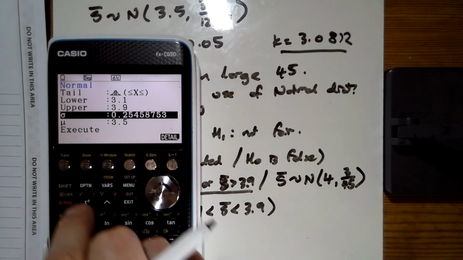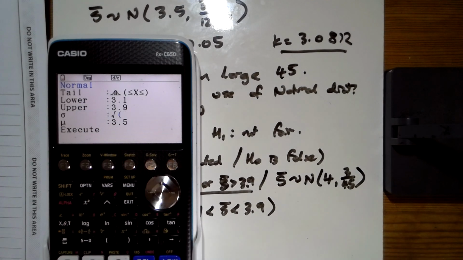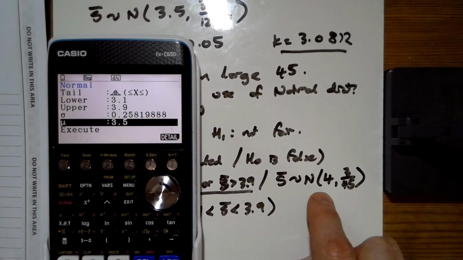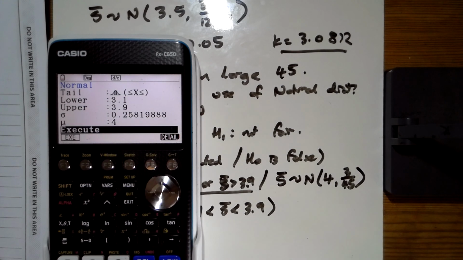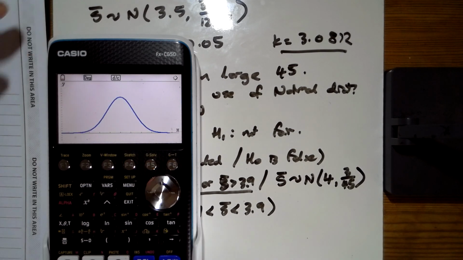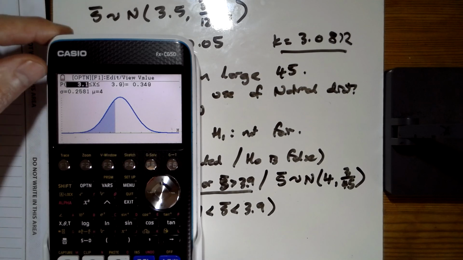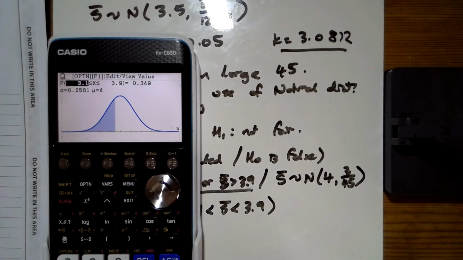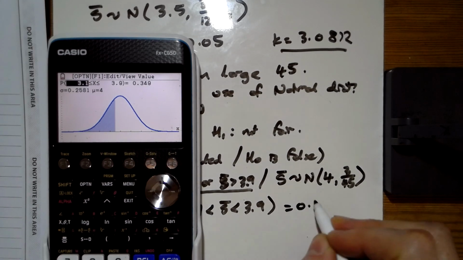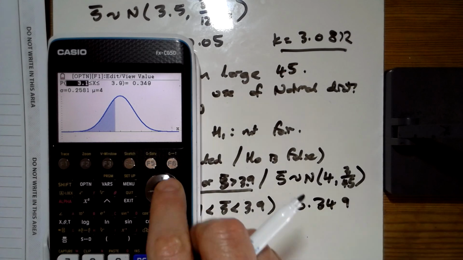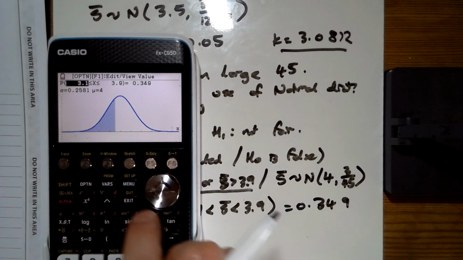I've got a standard deviation in the new one of 3 divided by 45 square rooted, and the mean wasn't actually 3.5, it was 4. So I've got the probability of that happening as just 0.349. Basically, there's nothing at the upper end, is there?